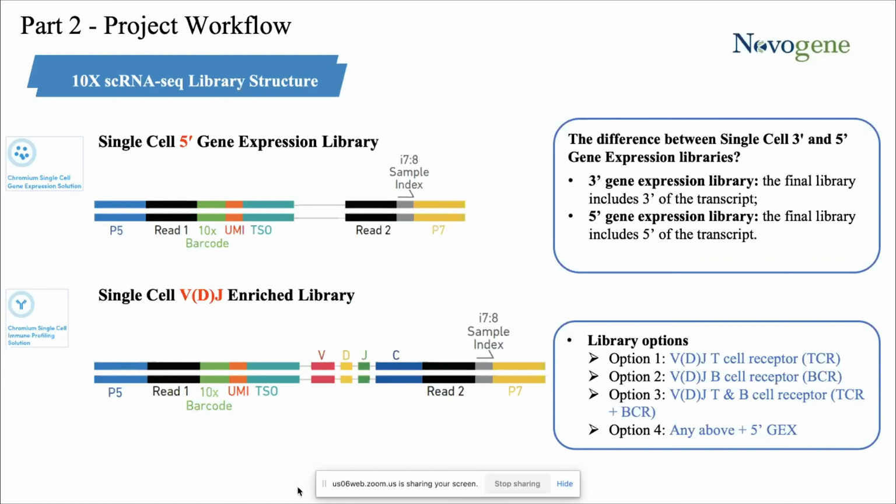So what's the difference between single-cell 3' and 5' gene expression libraries? As their names reveal, they capture different parts of the transcripts. Within the VDJ pipeline, we offer a few library options. You can request TCR or BCR libraries separately, together, or with 5' gene expression.